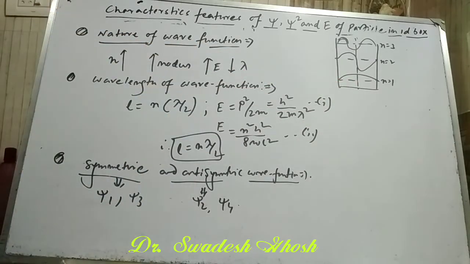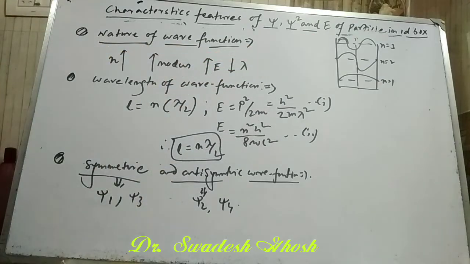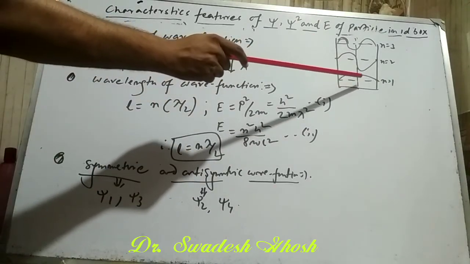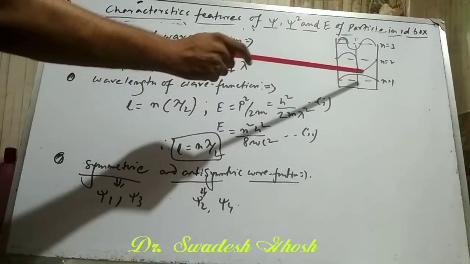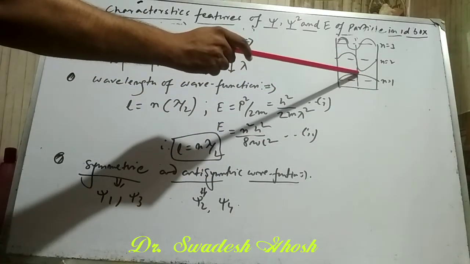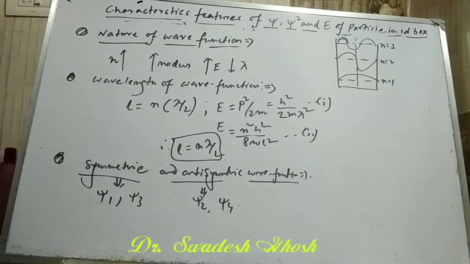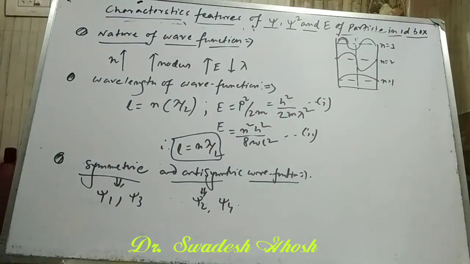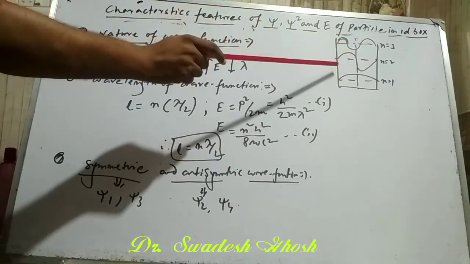From this figure, we have seen that for n equal to 1, this state is psi 1, and with respect to the midpoint, psi 1 is a symmetric wave function, because this point and this point are very similar. The psi 2 with respect to the midpoint is an anti-symmetric wave function, because the peak is upward and the peak is downward.